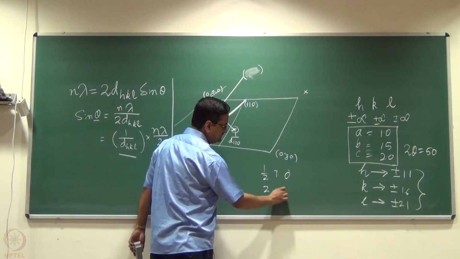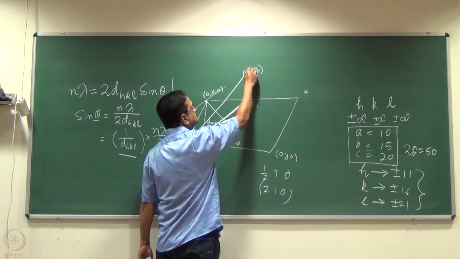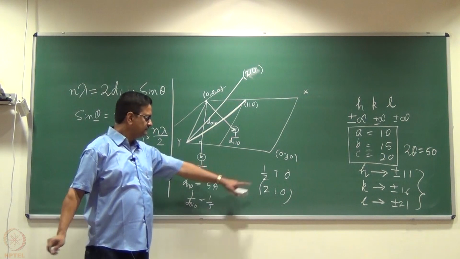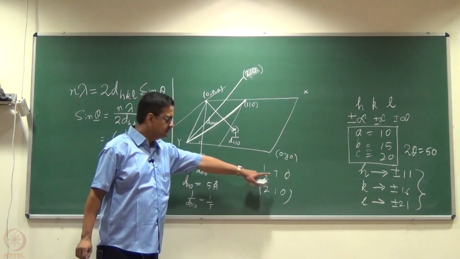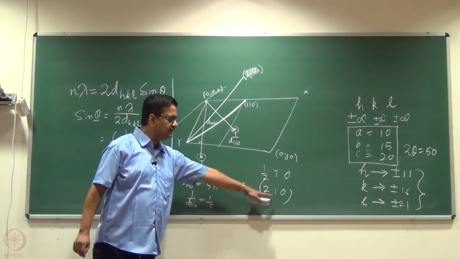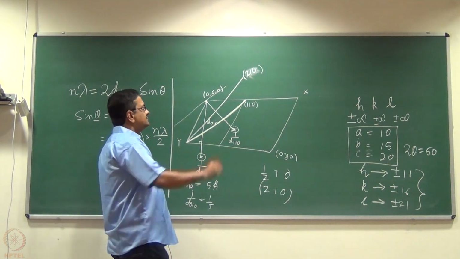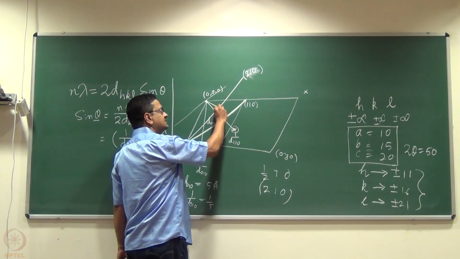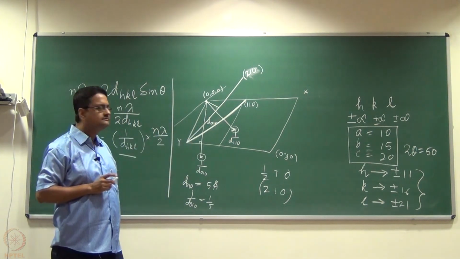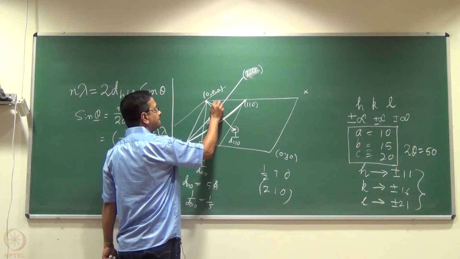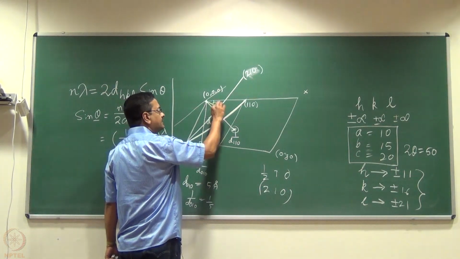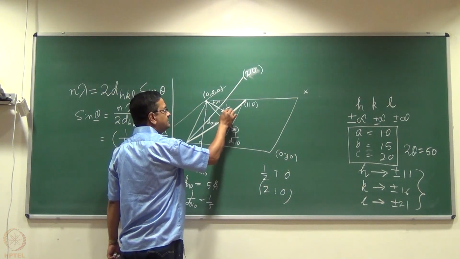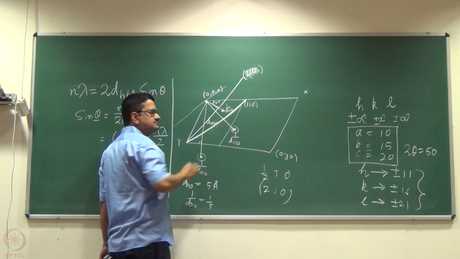The intercepts are half, 1, 0. Take the reciprocal, it becomes 210. So now from here, if I drop a perpendicular, this distance is d210. I cut it at a point where the distance is 1 by d210.